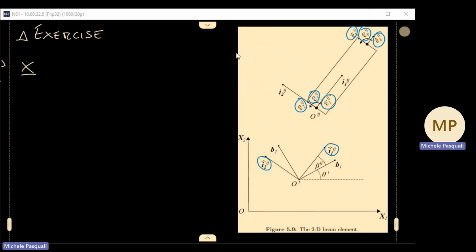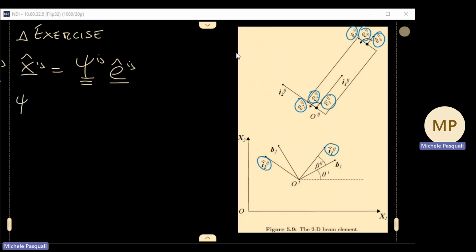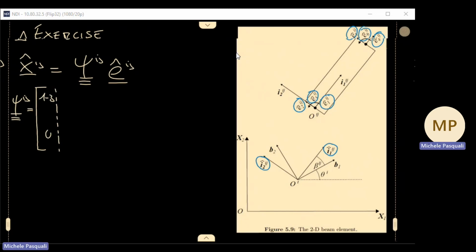So it means that x ij, the position of a point of the element expressed with respect to the intermediate frame, is equal to psi without any overhead, because they are the usual ones, applied over E overhead ij, where psi ij is, I'll try to write it here if I have enough space: 1 minus xi, zeta, and 0.